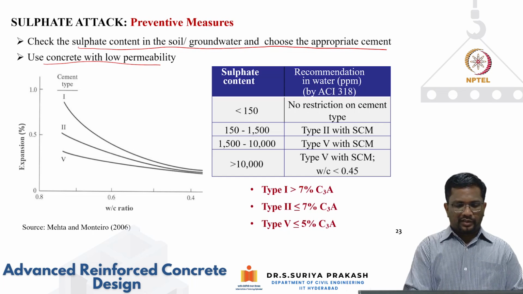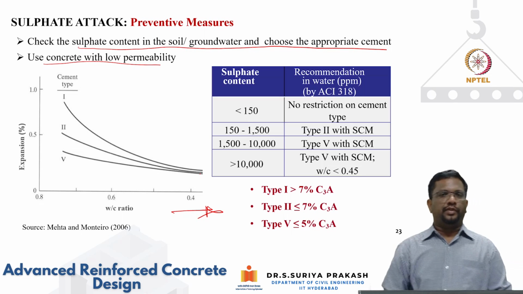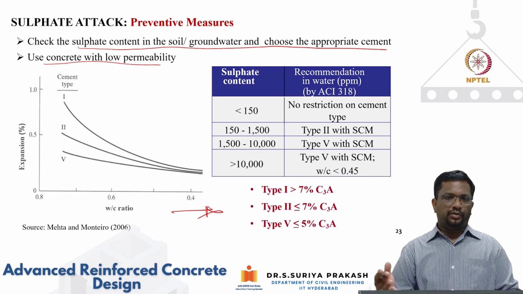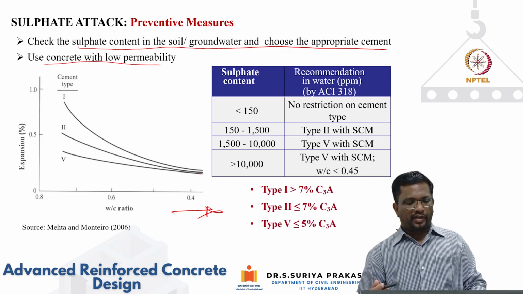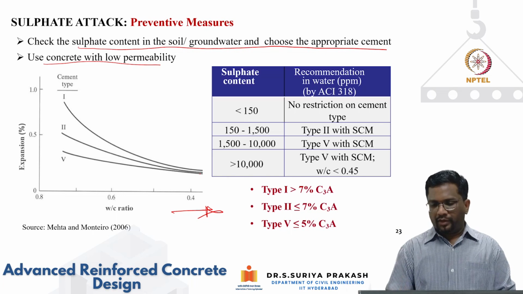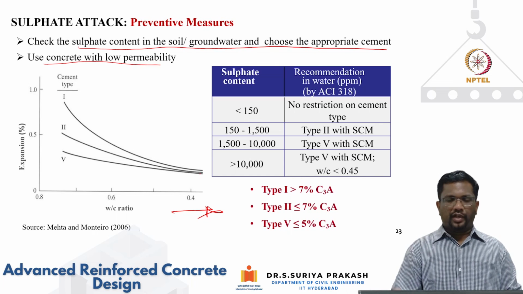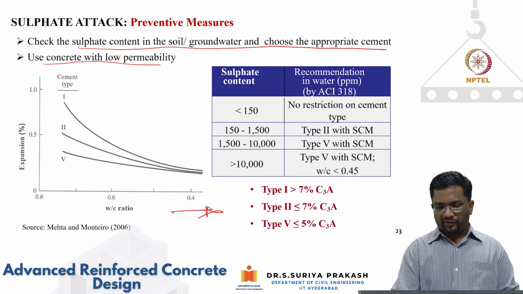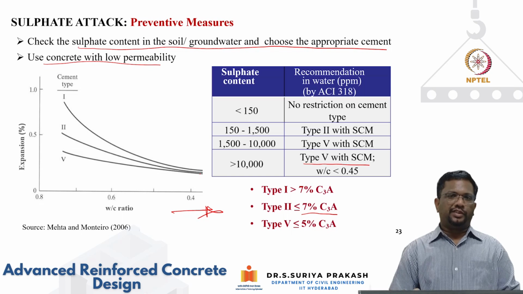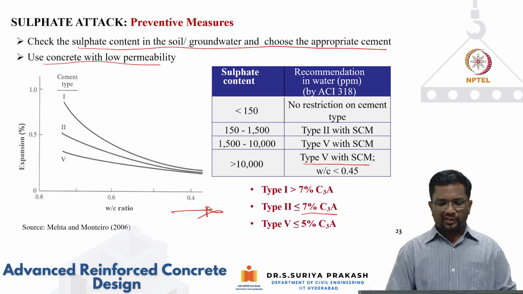Again, you can clearly see here that with a lower water cement ratio, plotted on the x-axis, the expansion for different types of cements is coming down. So one way to reduce sulfate attack is to use a low water cement ratio, and also to use sulfate resisting cement. In India also, we have sulfate resisting cement available. In the US, they call it type 5 cement, and type 2 also has less than 7% of C3A. So these are sulfate resisting cements.